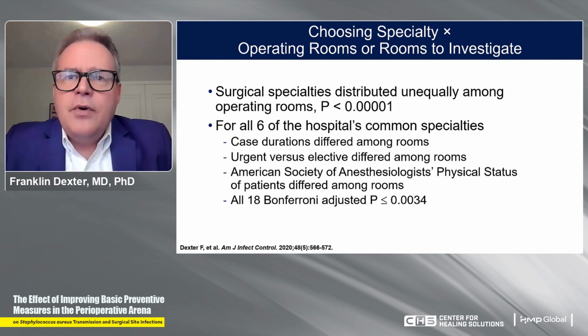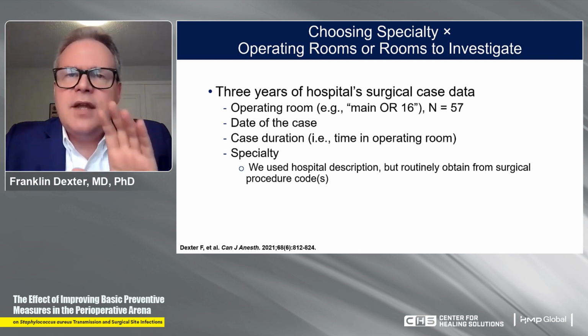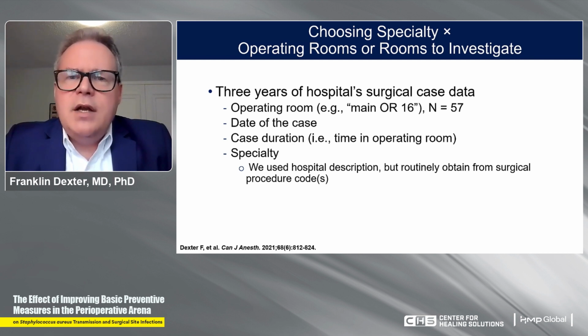So different operating rooms have very large differences in the incidence of infection, but they also have large differences in the numbers of cases per room per day. And we need to combine all of this together. And it is not obvious until you do the analysis which rooms to target, which combinations of room and specialty to target.